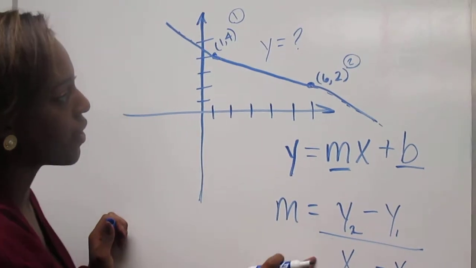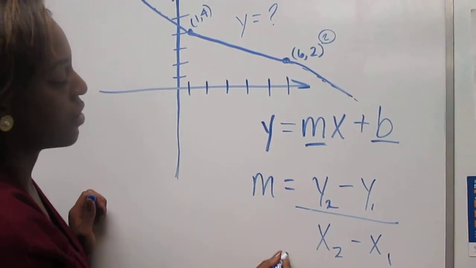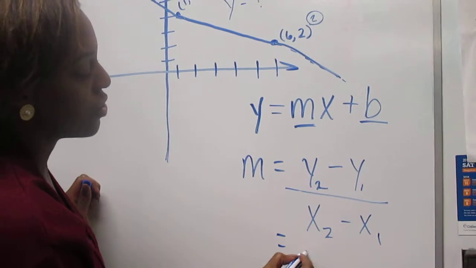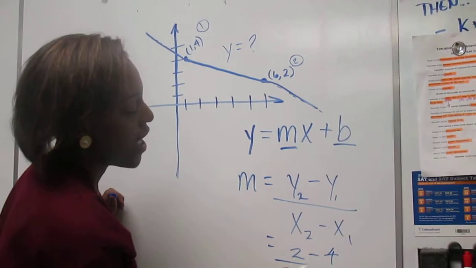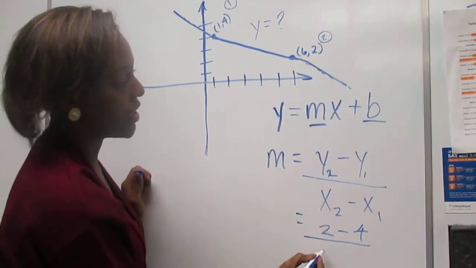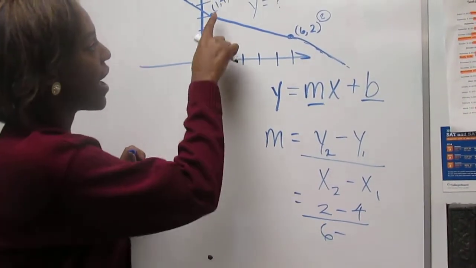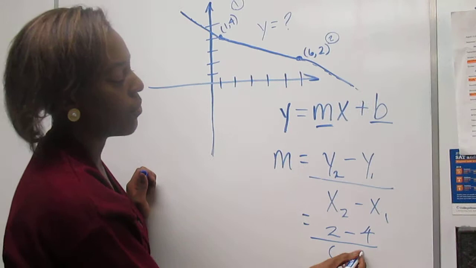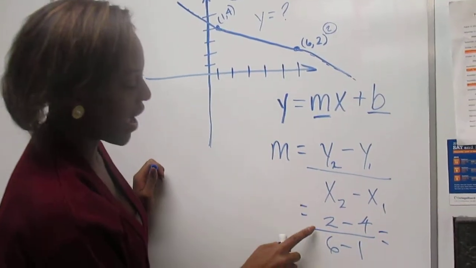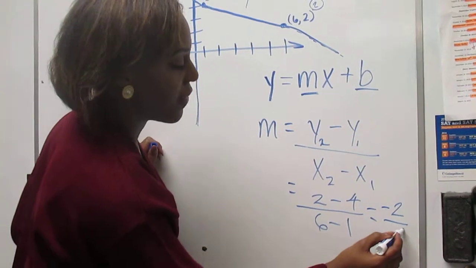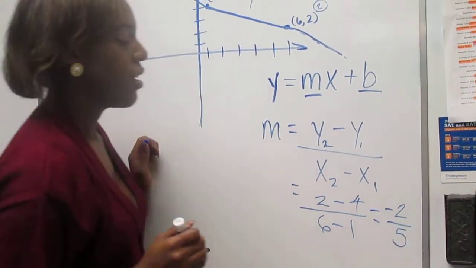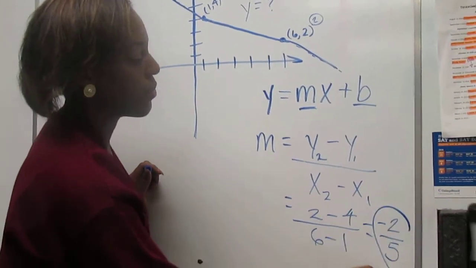If we use y2, then we would have 2 minus y1, which is 4, and then over x2, which is 6, minus x1, which is 1. And you solve for that and you end up with a -2 on top and a 5. So this is our slope.